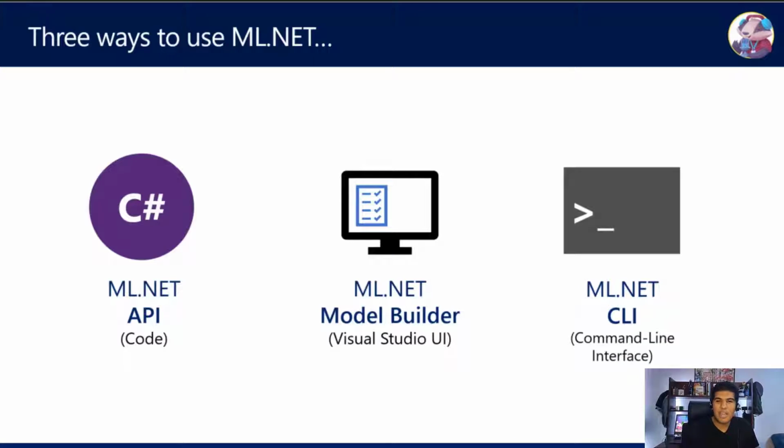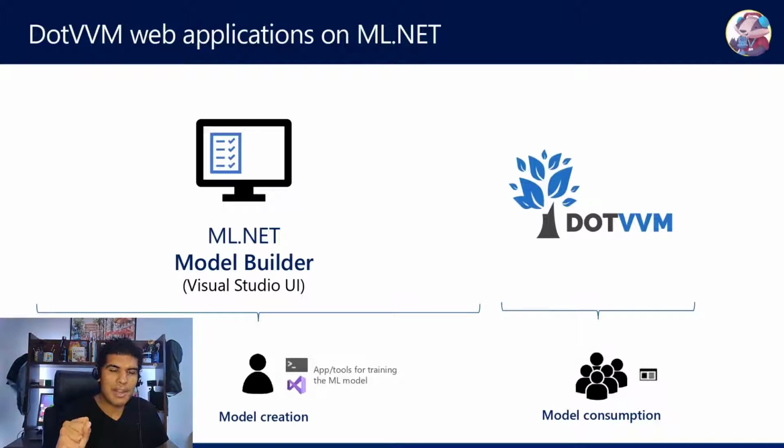And on the other hand, we can also find the ML.NET CLI, the command line interface, to generate our models and then consume this model. So in this case, with .vvm web applications on ML.NET, we can use, in the first instance, the ML.NET Model Builder in Visual Studio to create our model and then consume this model with a .vvm solution to represent the data and all of this.